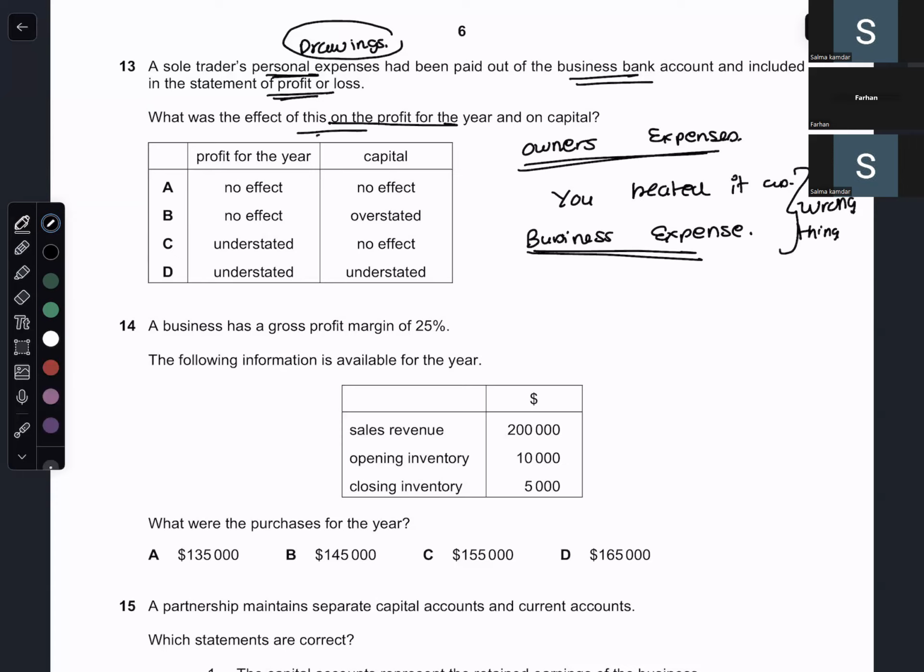What is the effect of this on the profit for the year? You have overstated your expenses. Your personal expense was treated as a business expense in error.